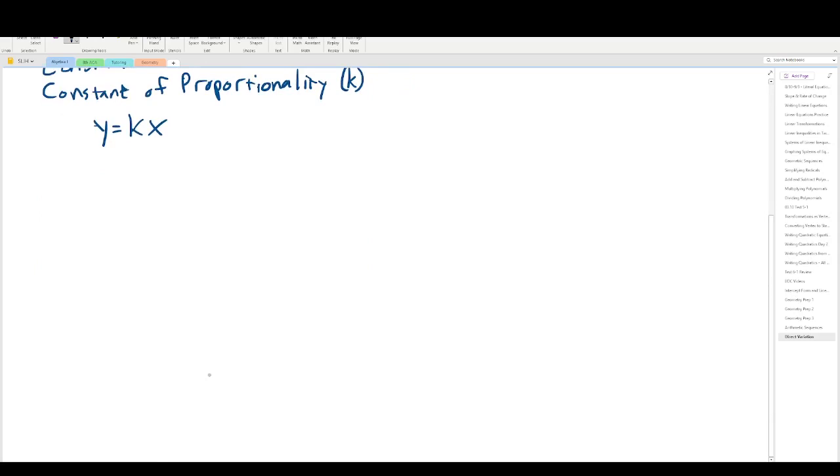So y equals kx is our general format. We can also, if we're thinking about a table of values, find k a little more easily than we find m. So let's make a proportional table here.